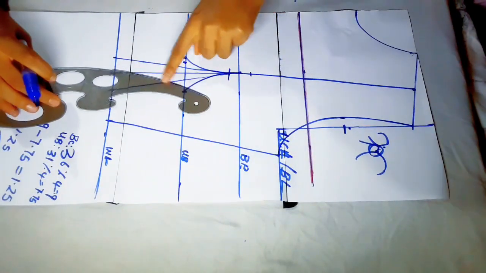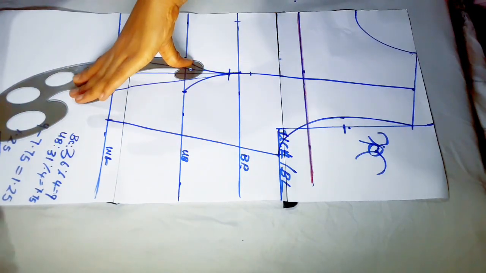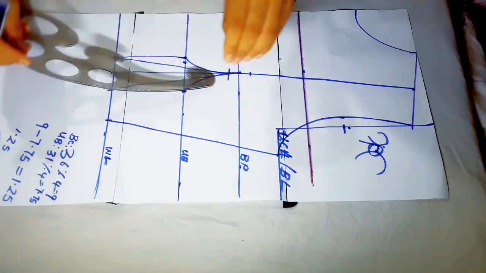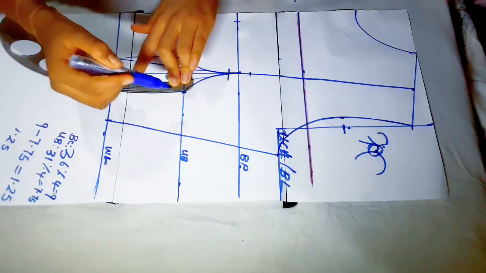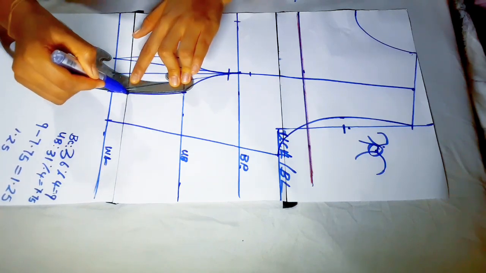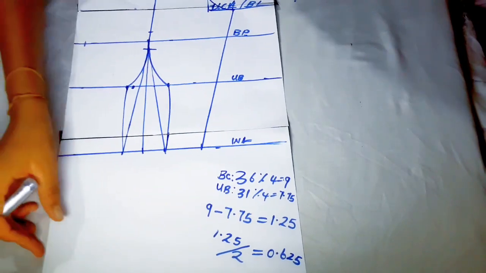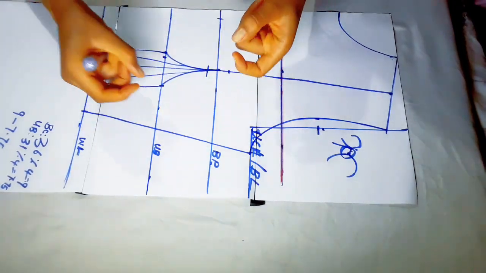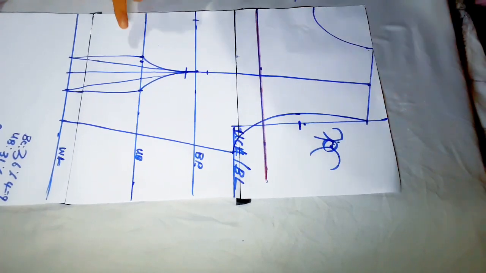I'll use this slightly curved part of this pattern curve to finish off, making sure that it touches this point. I am not using a ruler because I don't want any pointiness, and I want it to be contoured and well fitted and nice on the body. So this is it. This would create that tightening effect I need, and it would make the top more structured and come out well.